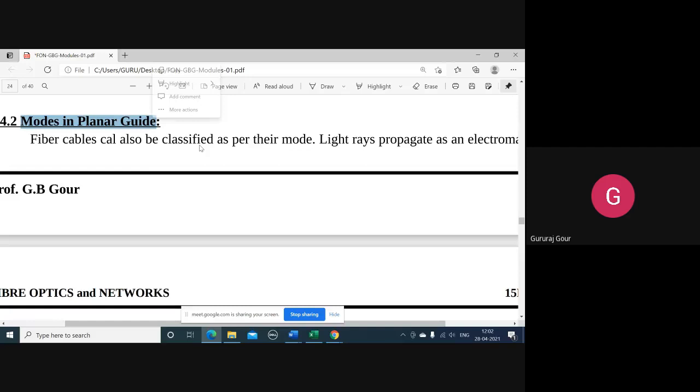So that is a planar guide. Whereas in cylindrical guide, Maxwell's equations are not going to hold good. Even if they hold good, it's something like assuming skewed rays. It will become mathematically difficult. Why, we can see after this planar guide. Okay, now we'll cover modes in planar guide first.